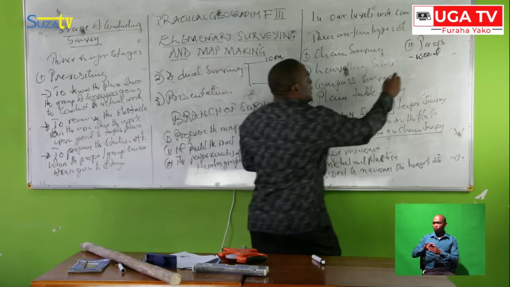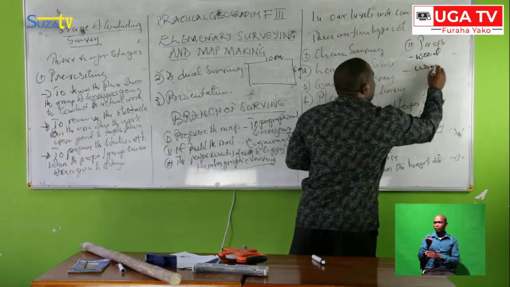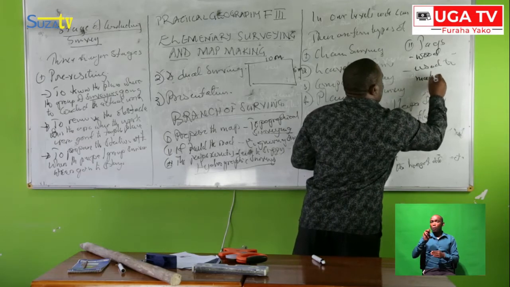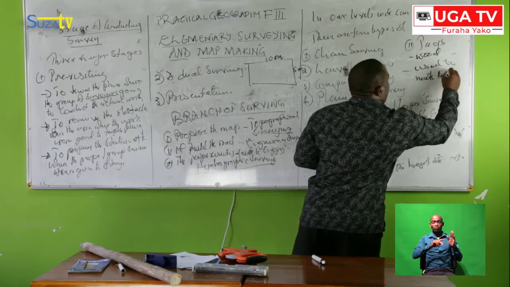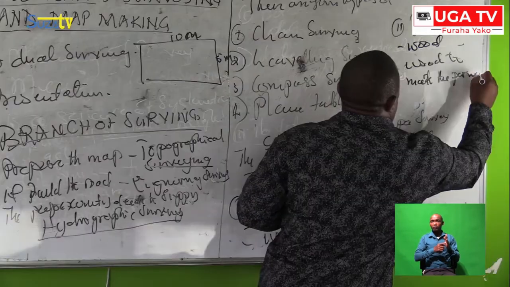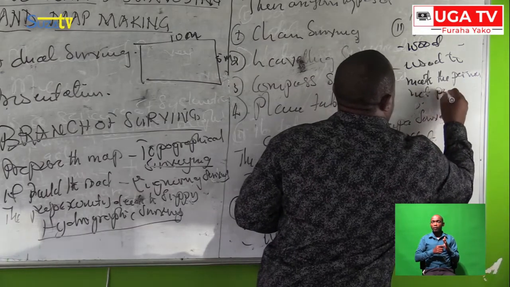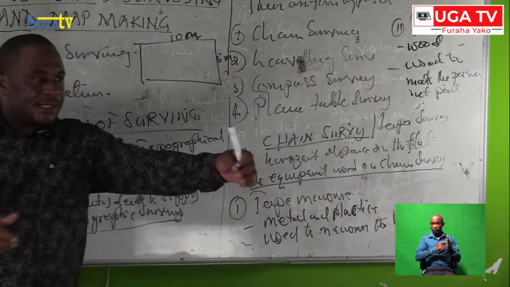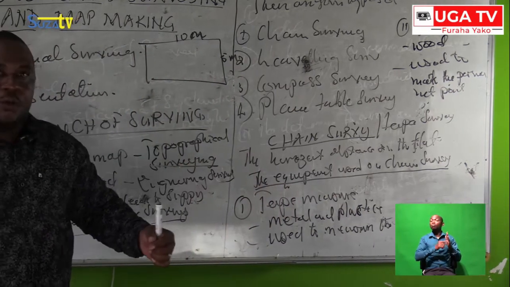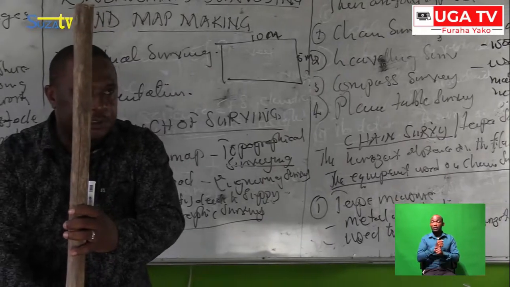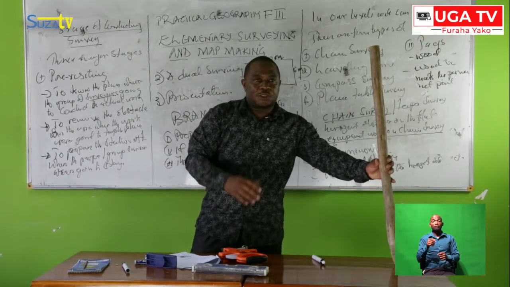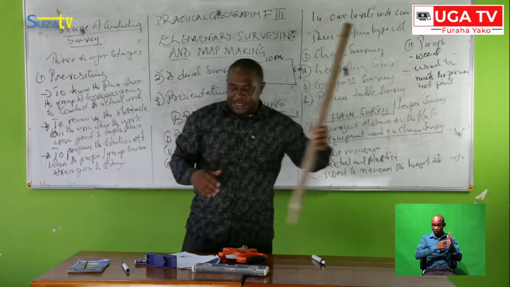Used to mark a permanent point here, to make a permanent point. So if we are measuring and we get 10 centimeters, we can take a peg. In your first position, you can put a peg, and in the last position, you can put your peg. So we can know this is a distance of 10 centimeters.